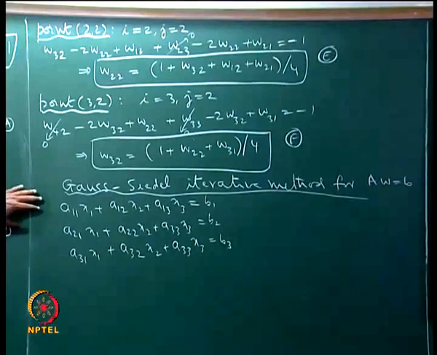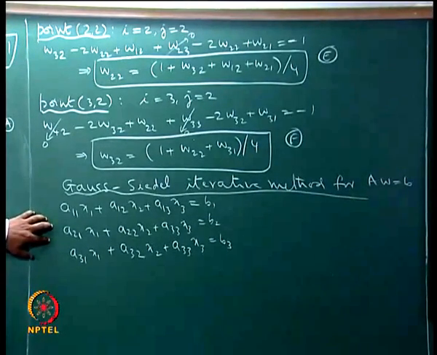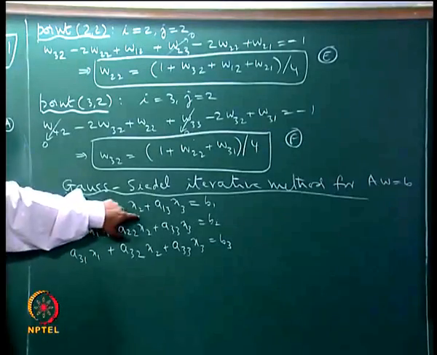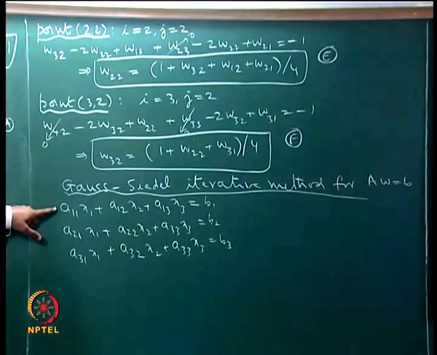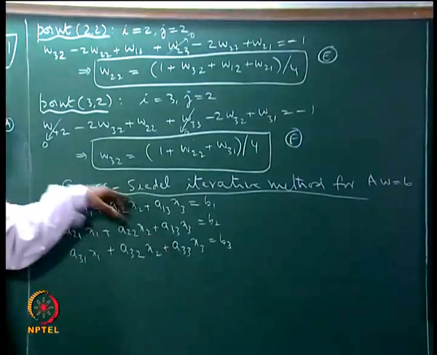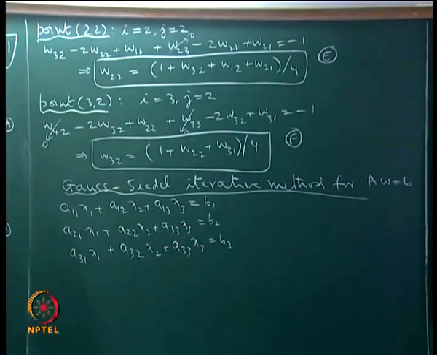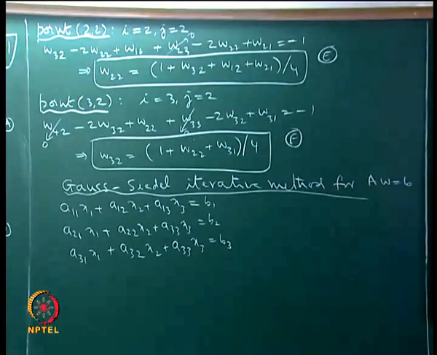So these are a system of 3 linear algebraic equations involving variables x1, x2, x3 with constant coefficients a11 to a33 given here, and also b1, b2, b3 are given here.